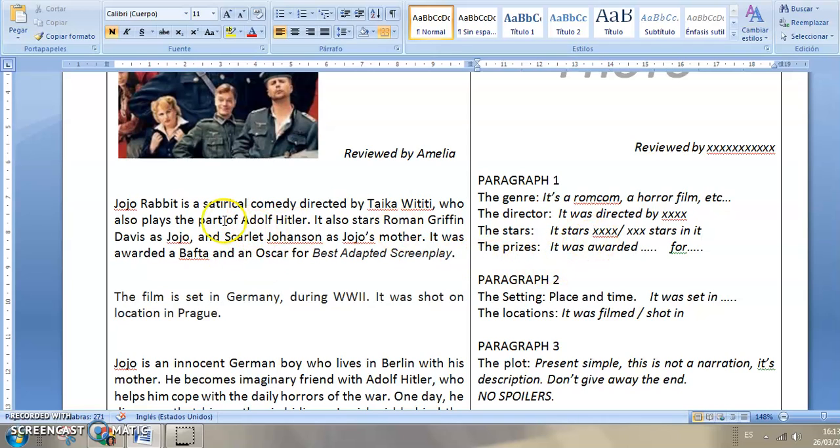And it was awarded an Oscar or a BAFTA for Best Adapted Screenplay, for example, okay? So in paragraph number 1, we have the genre, director, the stars, and the prizes, right?